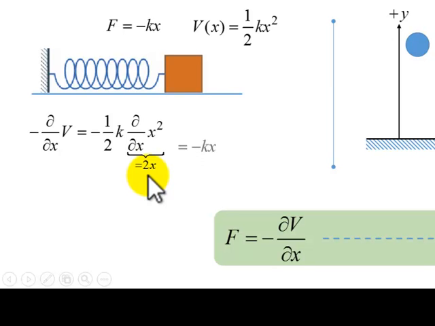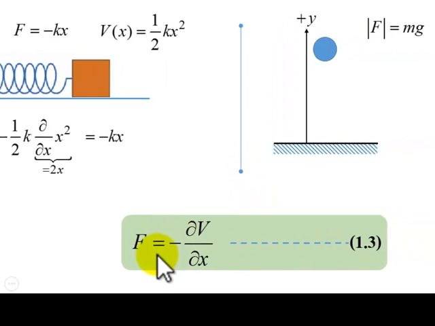As a result, minus dV dx in this case is equal to minus kx. This result is in agreement with the relation in equation 1.3.